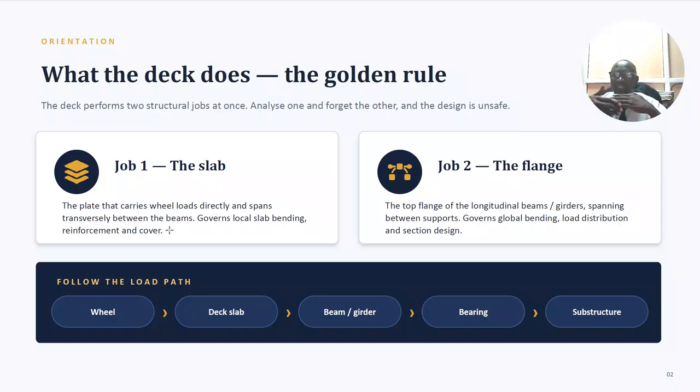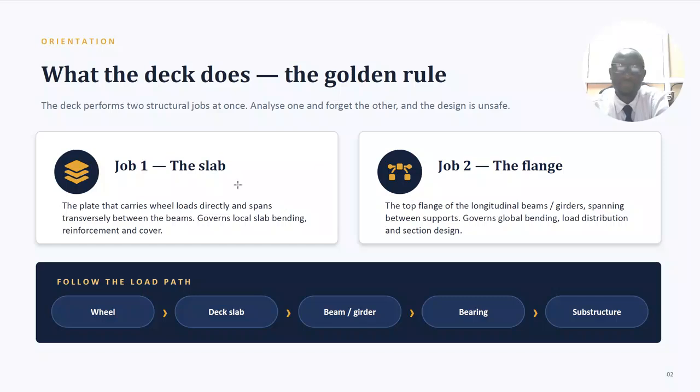While the bridge is spanning between 2 abutments or abutment and pier globally, locally the wheel loads are being transferred from girder to girder through the slab, which is the bracing at the top. So that's why he's saying you design one, forget one, then the design is unsafe. So job 1 is the slab. Then job 2, the beams, the girders become the support to the slabs.